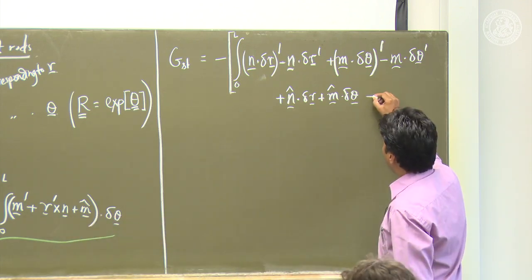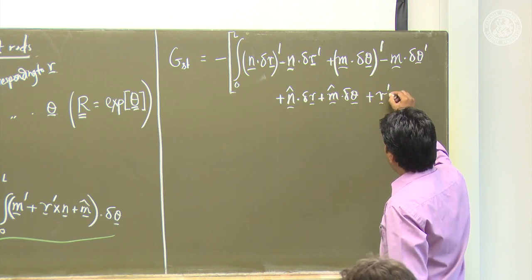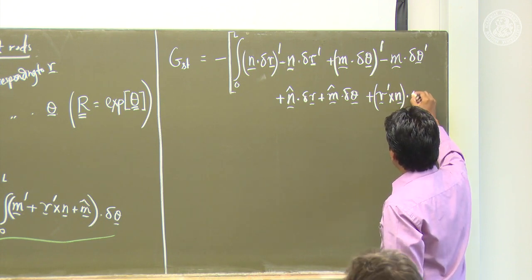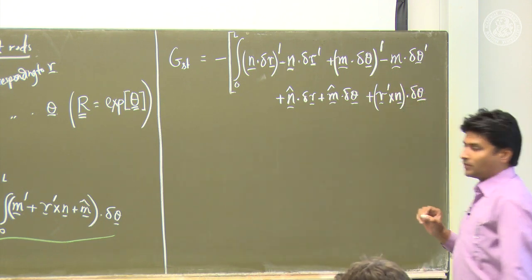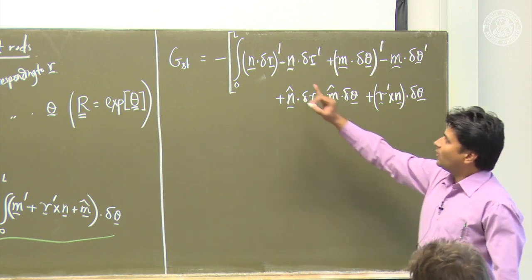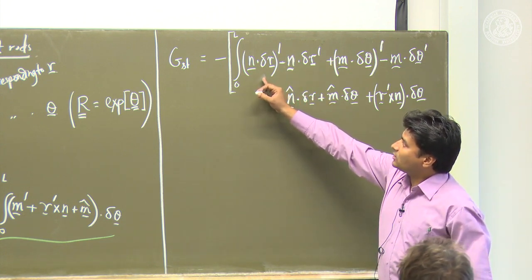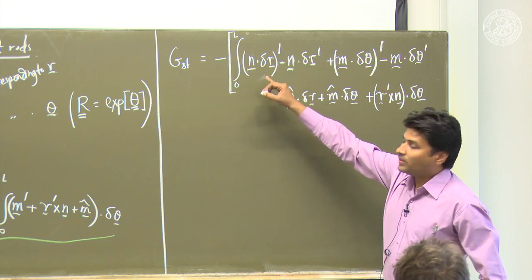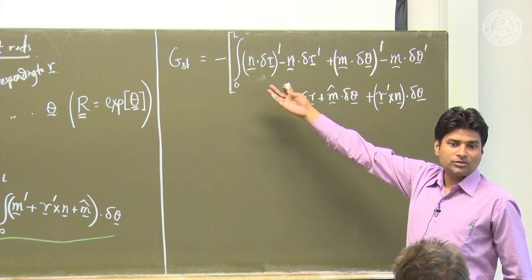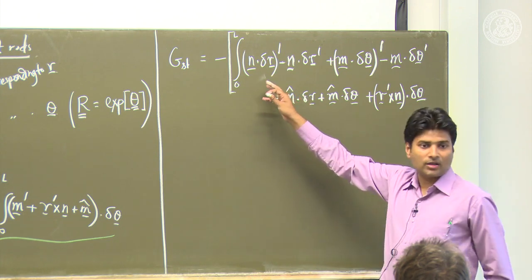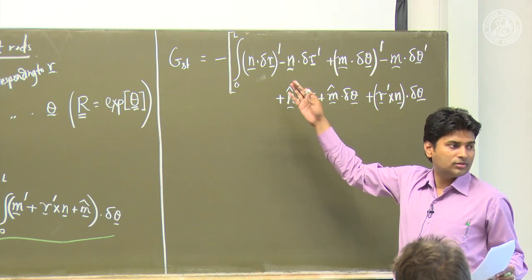So we simply write that over here, plus little r prime cross n dot del theta. Then look at this term, for example, n dot del r whole prime, which is being integrated. What is this going to give you? This will simply give you the thing inside the bracket at the boundary, right?